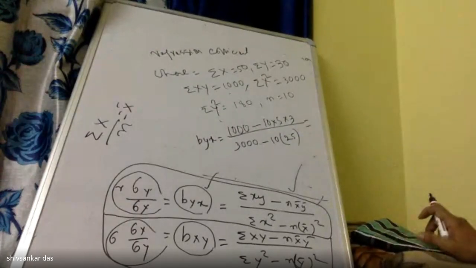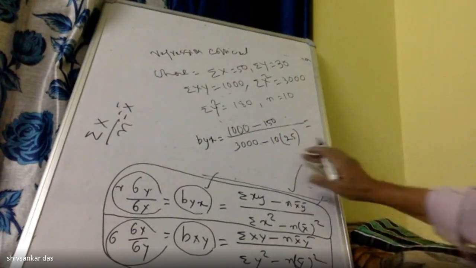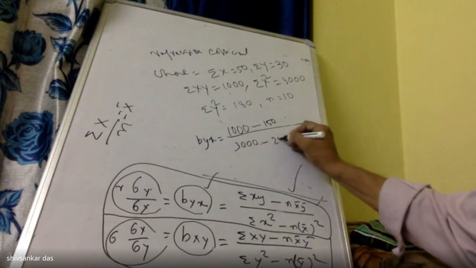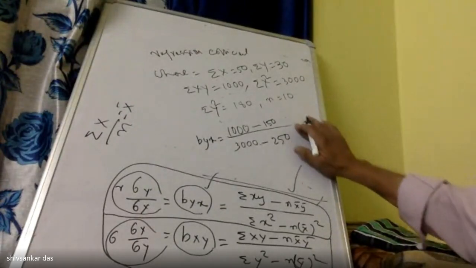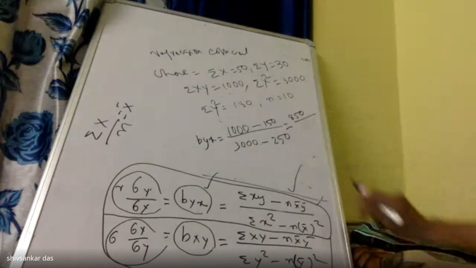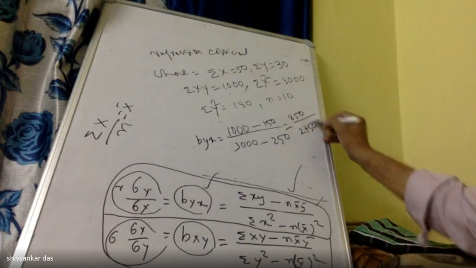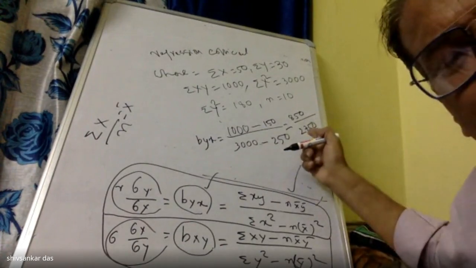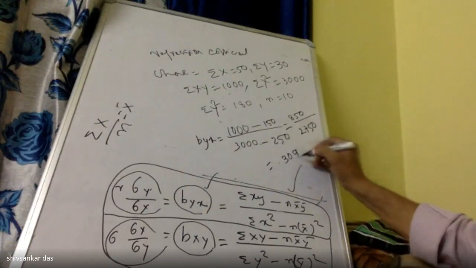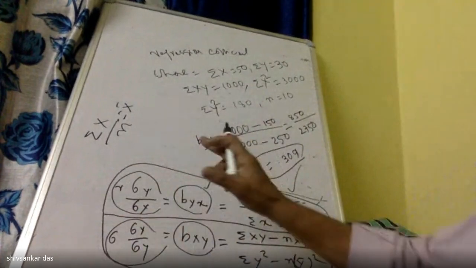That is equal to 0.309. So the regression coefficient of y on x is equal to 0.309.